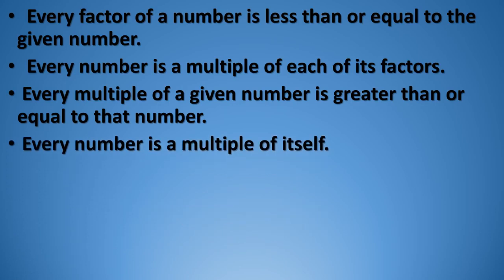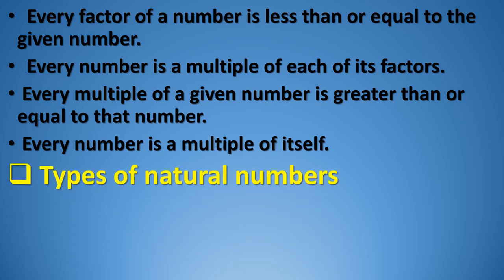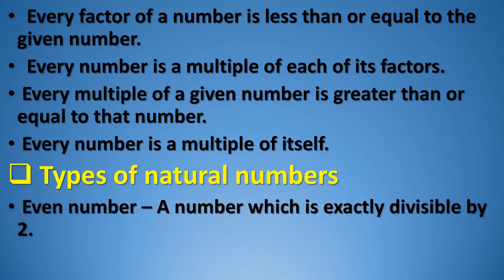Now next we will do types of natural numbers. First is even numbers. A number which is exactly divisible by 2 is called an even number, or if the ones place is 0, 2, 4, 6 or 8, then these numbers are called even numbers.